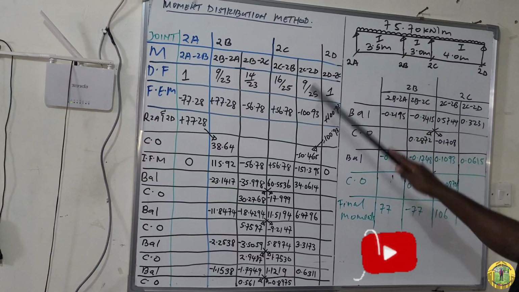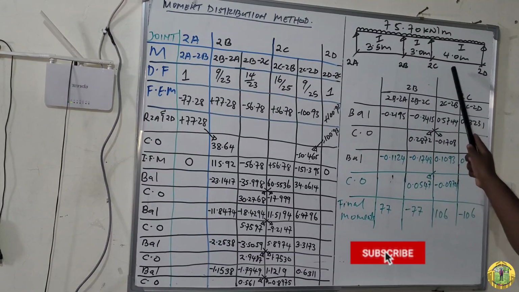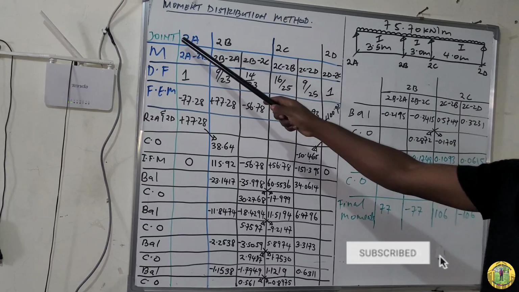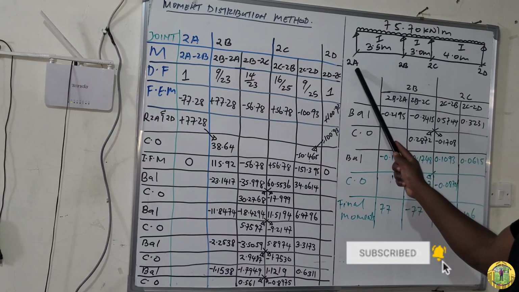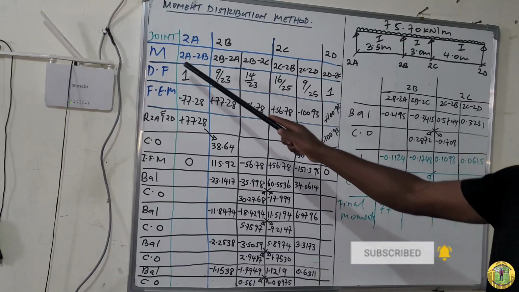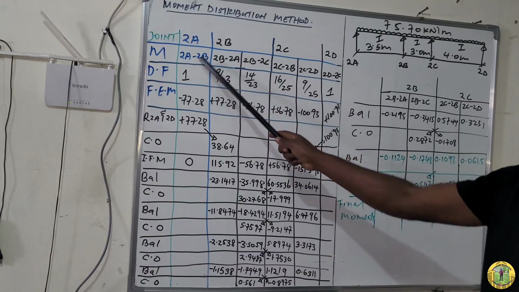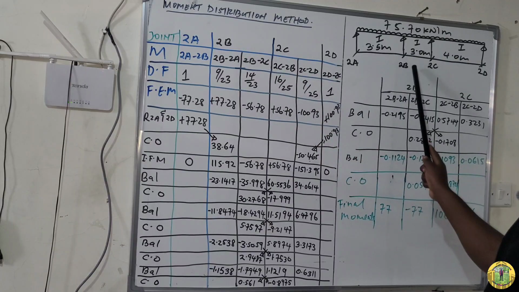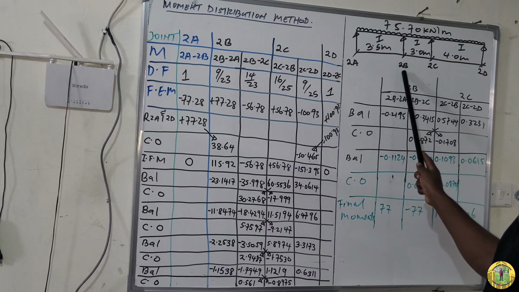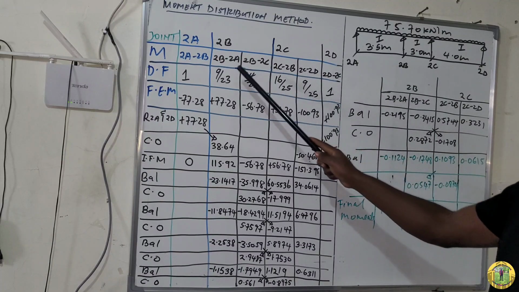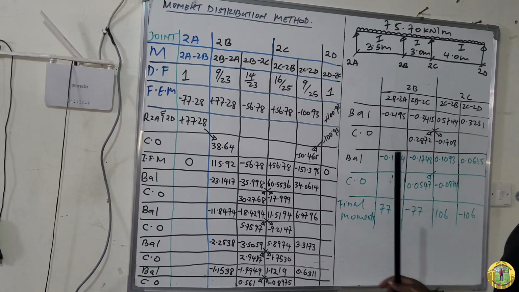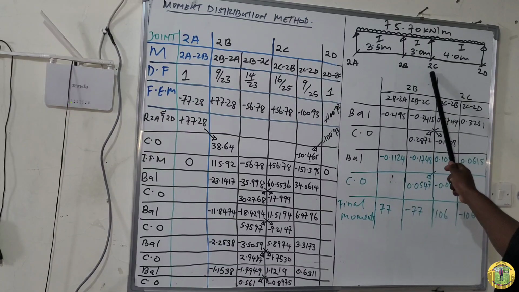This is the distribution table, and this is our continuous beam. So we start by joint 2A. Under joint 2A, we have member 2A 2B, and then we have joint 2B. For joint 2B, we have member 2B 2A and member 2B 2C. And then you come to joint 2C.